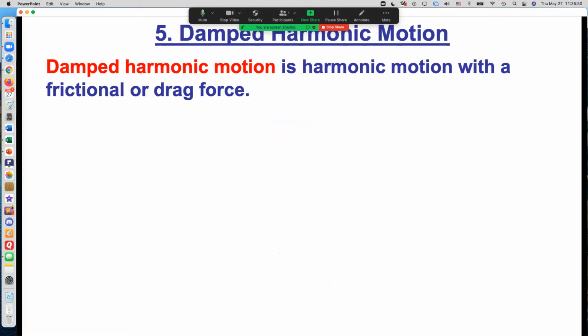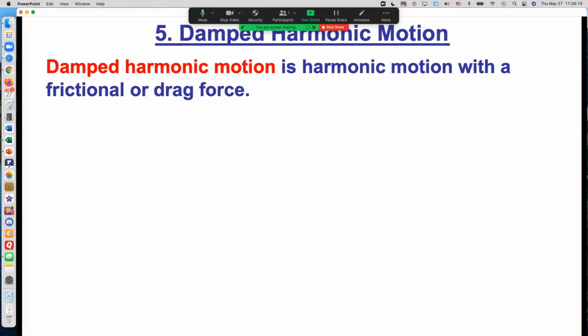So now we're going to talk about damped harmonic motion. Damped harmonic motion is harmonic motion with a frictional or drag force. So if you're thinking about an object moving through the air under simple harmonic motion, it could be the drag of the air, depending on what the object's shape is, right?